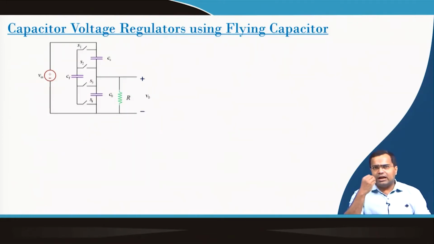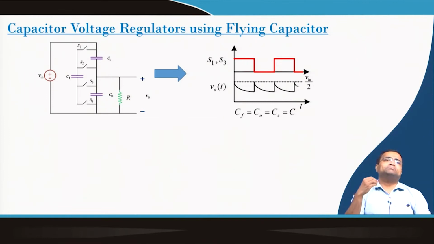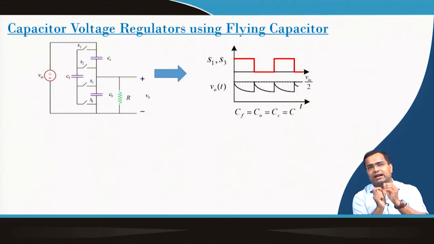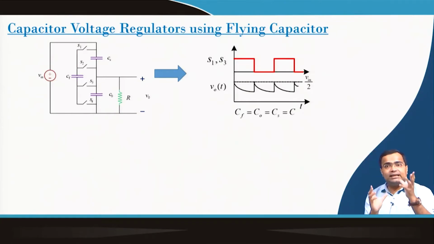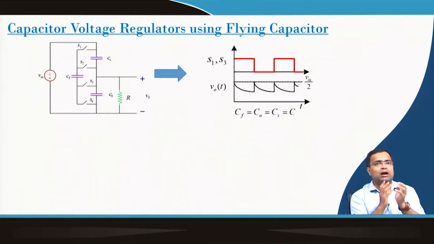So, now we understood that a flying capacitor can achieve voltage balance, but again this is only when you connect that flying capacitor in series with the input voltage and the output voltage.